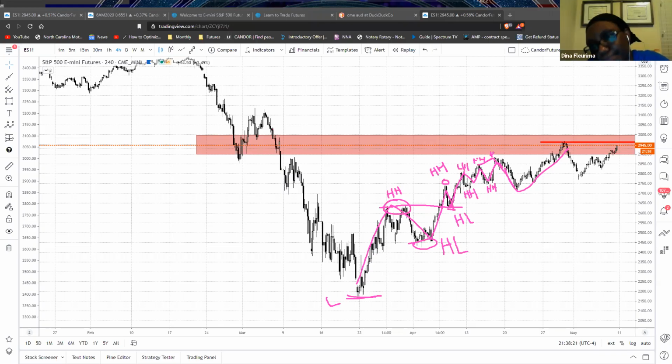Yeah. And so this right here is a signal. Look how you have a higher low, higher low, higher low, higher low, and all of a sudden we have a lower high. Because this one was lower than this, lower than that one.